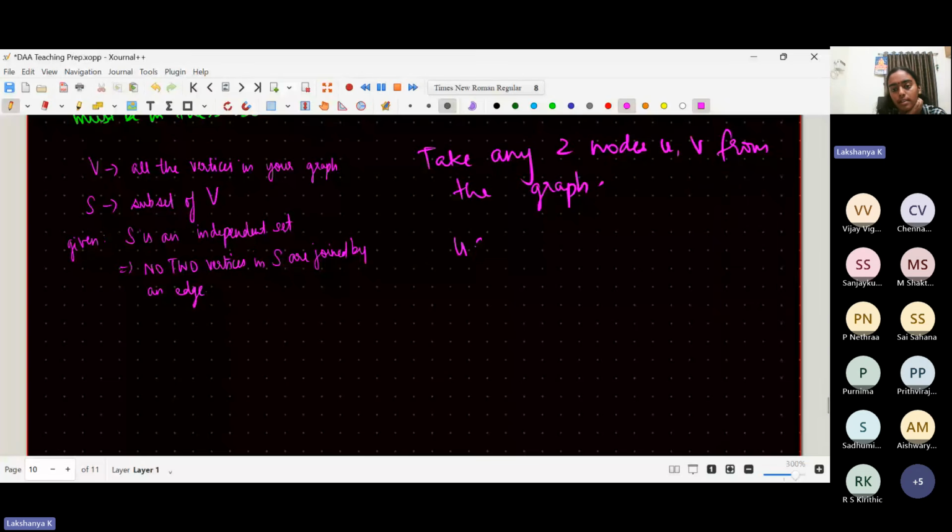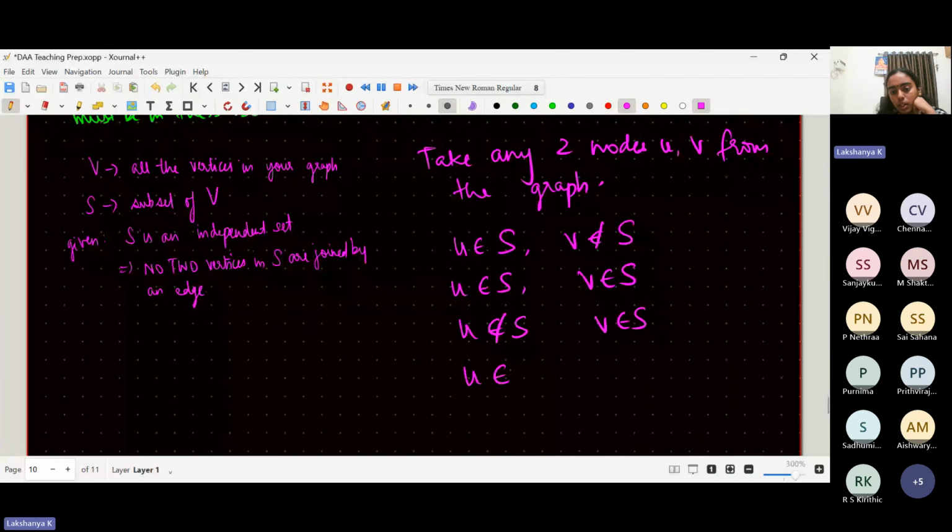U belongs to S, v does not belong to S. U belongs to S, v belongs to S. U does not belong to S, v belongs to S. U does not belong to S, v does not belong to S. These are the four possible conditions, right? You take two nodes, either each of them belongs to this subset S or they do not belong. These are the only four possible configurations. Am I correct?